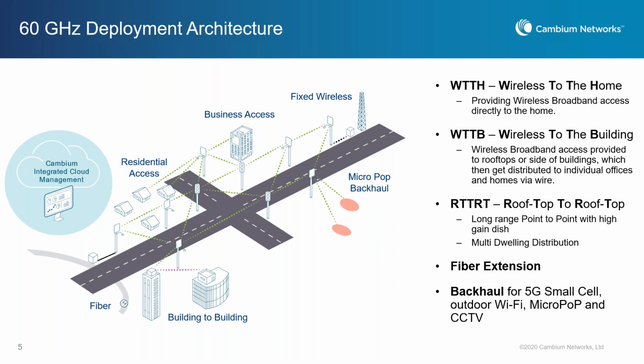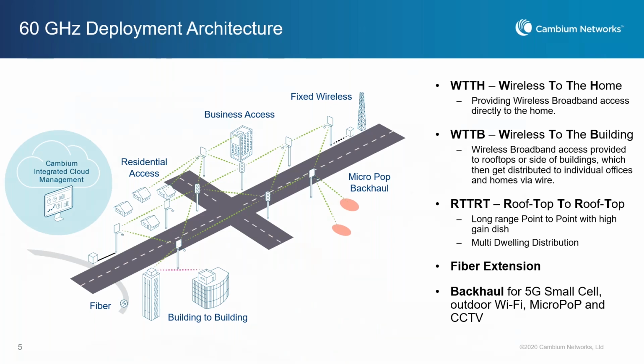We see this radio can be deployed in the city. We have cases where customers use this to provide high-speed internet, competing with fiber or cable operators. In a city where you only have one or two cable operators, this really enables a wireless service provider to enter the urban market.